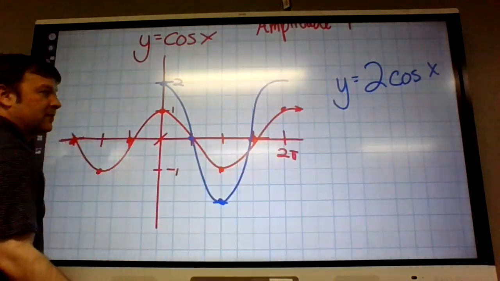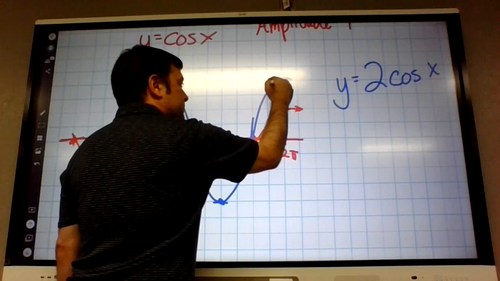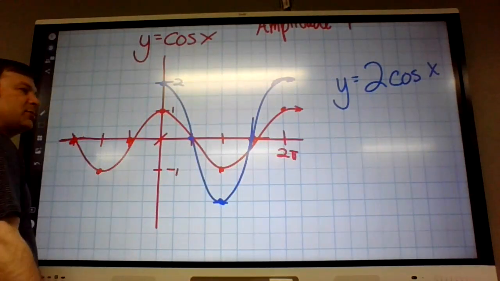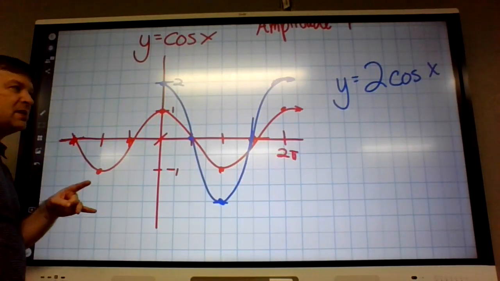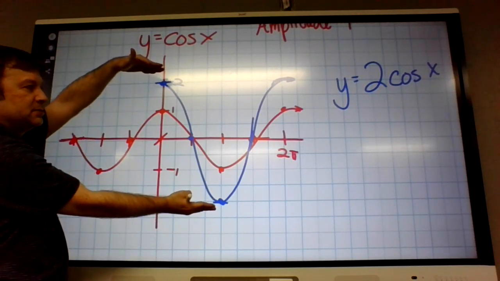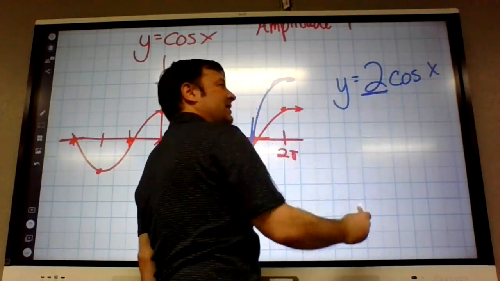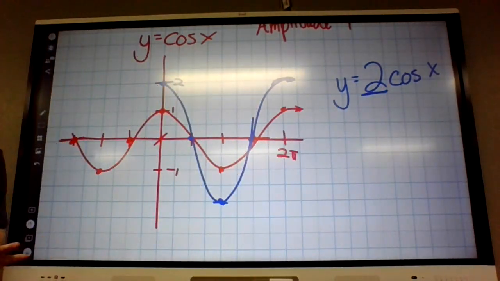I didn't draw that very great, but you guys get the idea. Twice as tall. That's what it does. So what's the amplitude on this blue one right now? 2. So the number in front is the amplitude. And if there is no number in front, then the amplitude is 1.